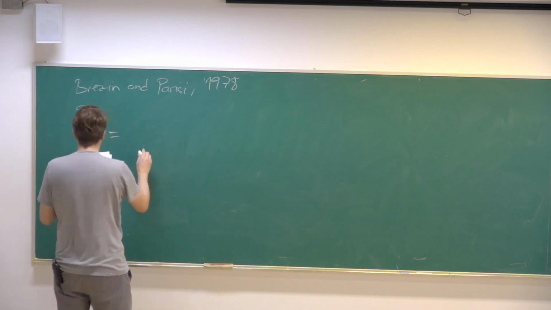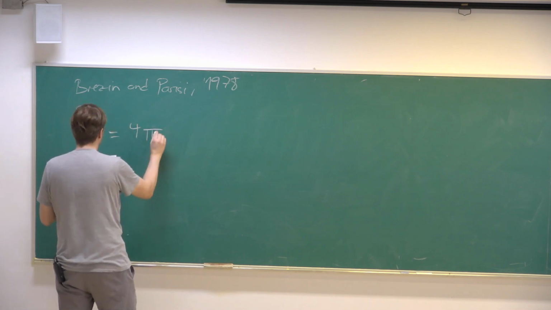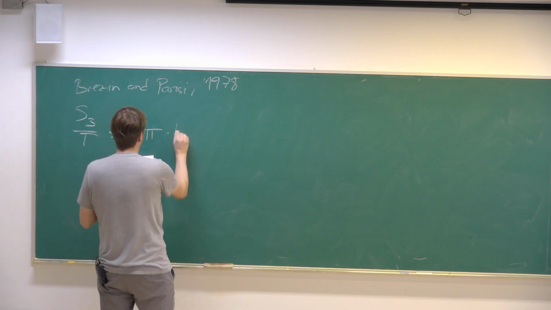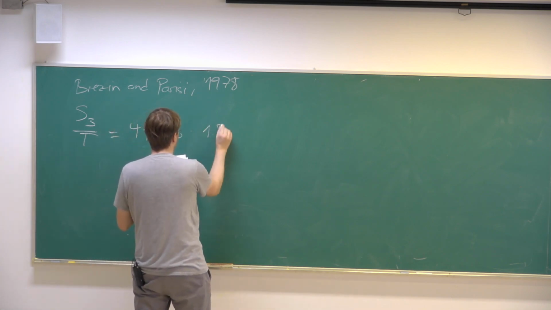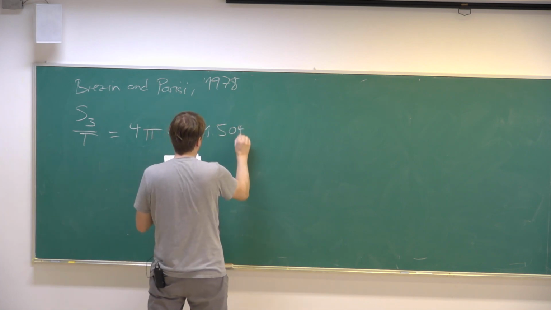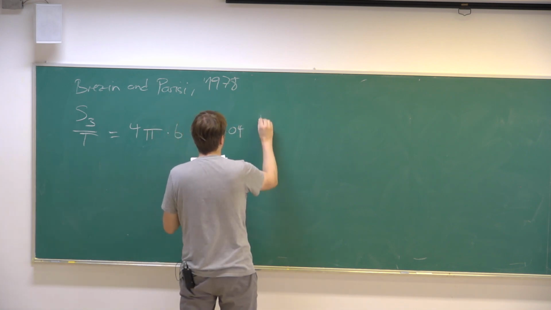Let me write it like this. There's 4.5 times 4 pi times 6. Then there's this number that I'm not really sure where it comes from. I guess there's some integration that they did.